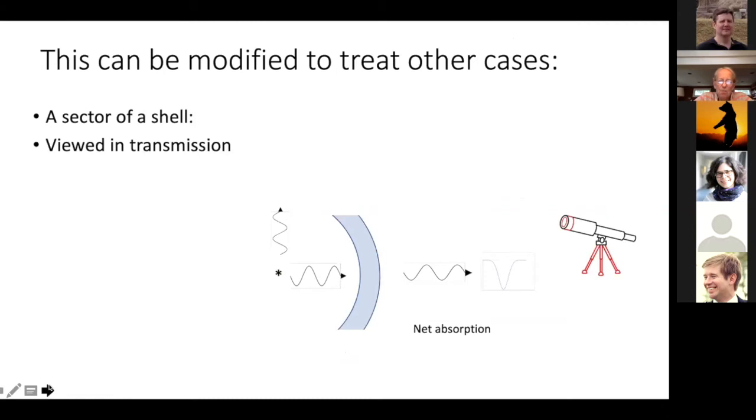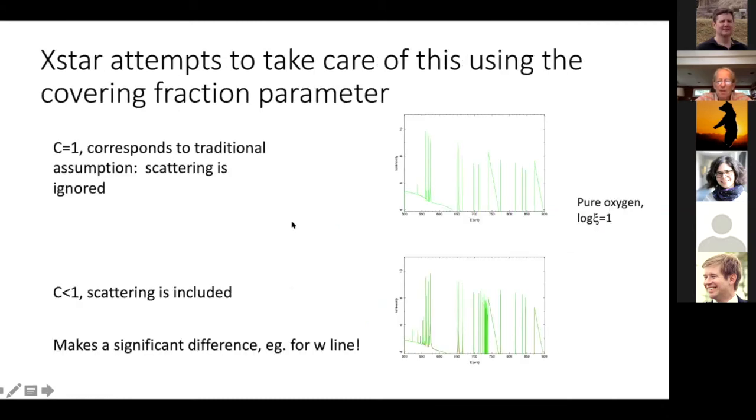And so this matters in terms of the spectrum that you see. And we treat this, at least in the XSTAR code, using a covering fraction.